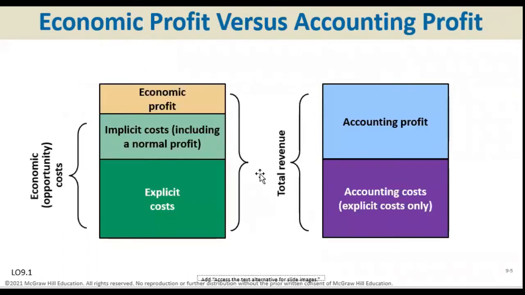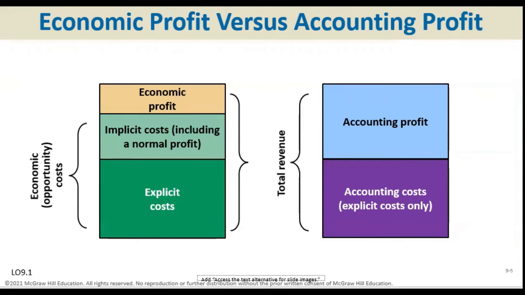So if you look at this visual comparing economic profit and accounting profit, you will see the difference between them is the implicit cost, right? So economic profit versus accounting profit.